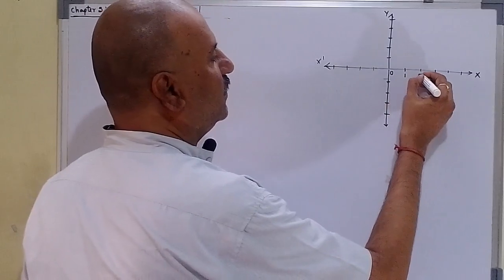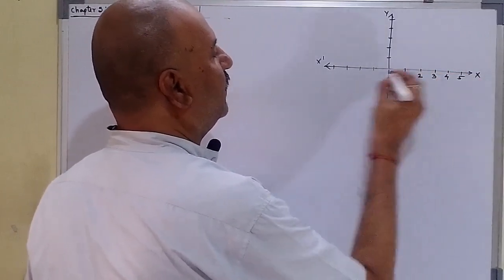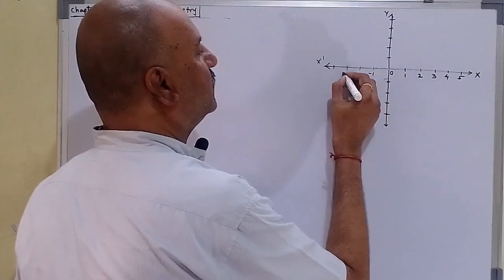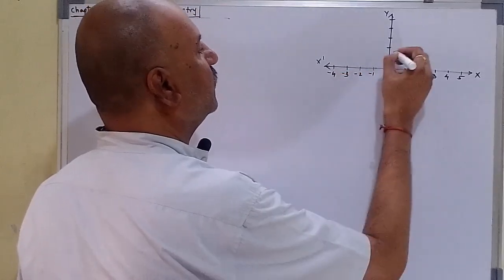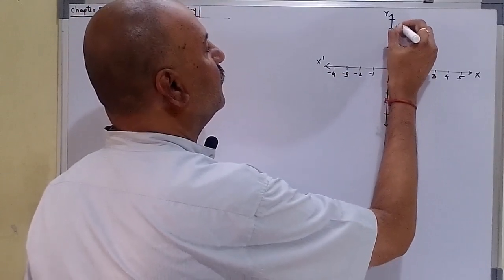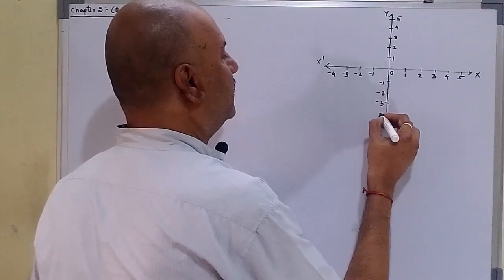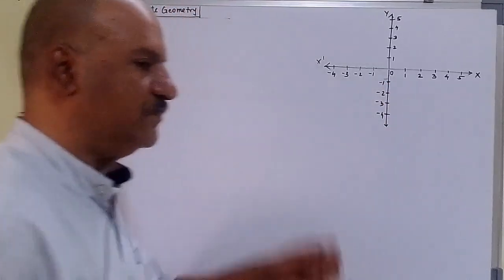So just write down the numbers 2, 3, 4, 5. Minus 1, minus 2, minus 3, minus 4. Here it is 1, 2, 3, 4, 5. Minus 1, minus 2, minus 3, minus 4.